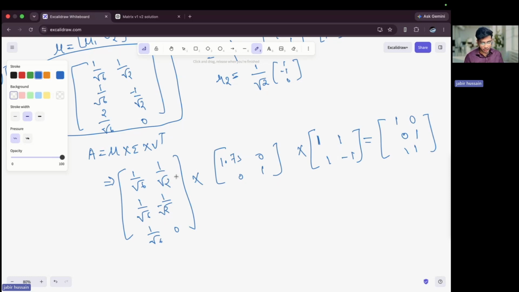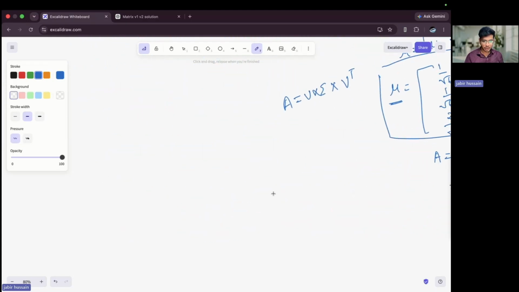Now let's talk about what is the meaning of it. Now we know how to calculate and get the values. We know the formulas as well. The main formula is A is equal to U cross sigma cross VT, right? And this is a non-square matrix. It can be any matrix, square or non-square.